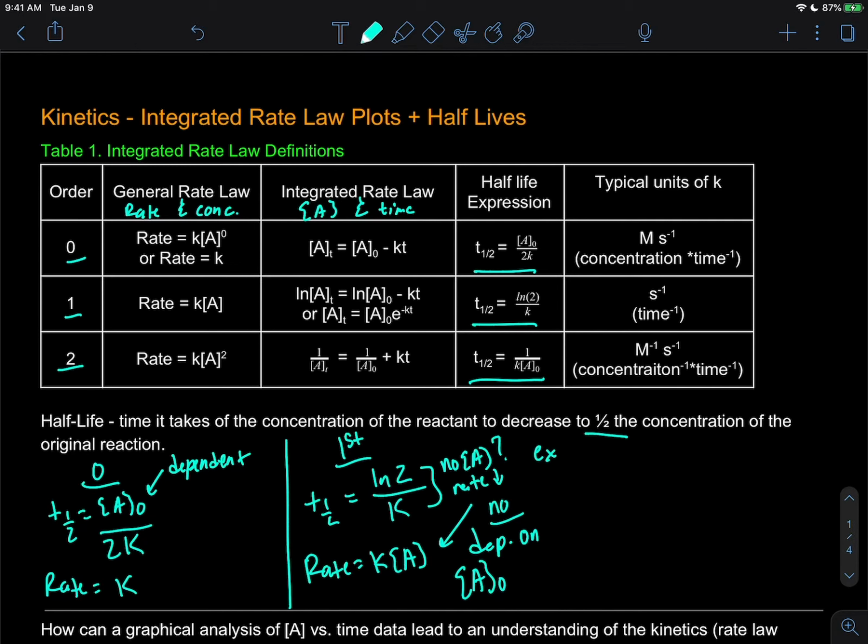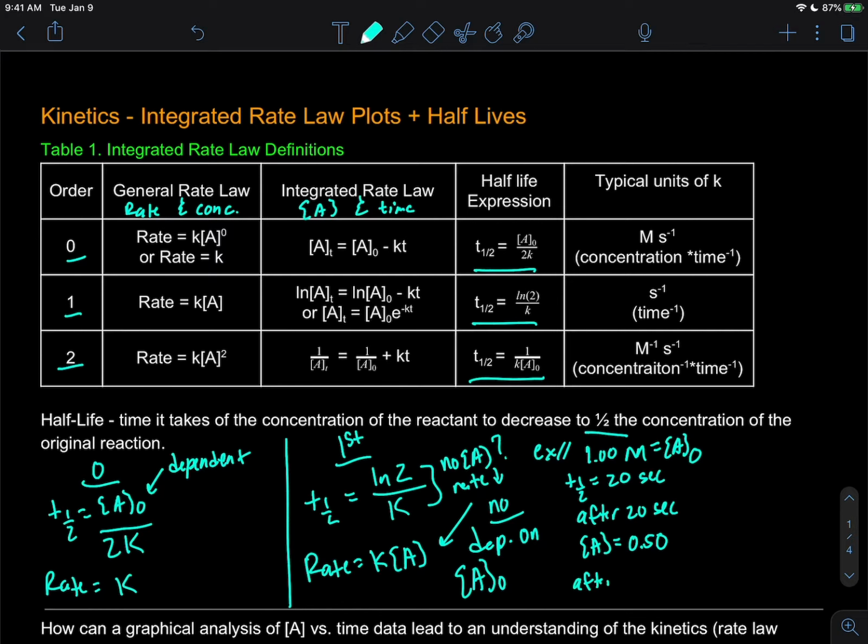So for example, if I start with 1 molarity, and let's say our half-life is 20 seconds, what that means is after 20 seconds, the concentration of A, again, this is our original concentration, is going to be equal to 0.5.